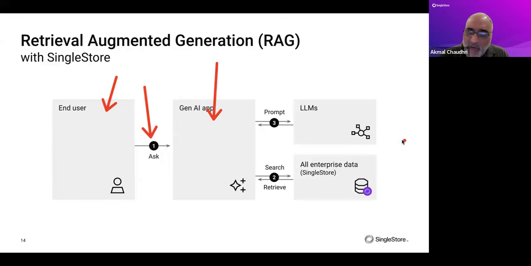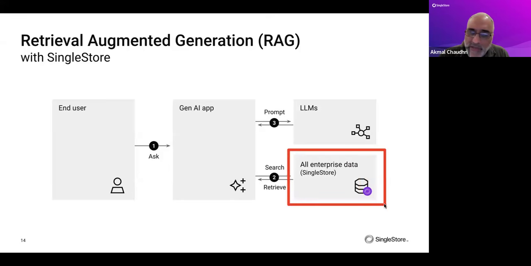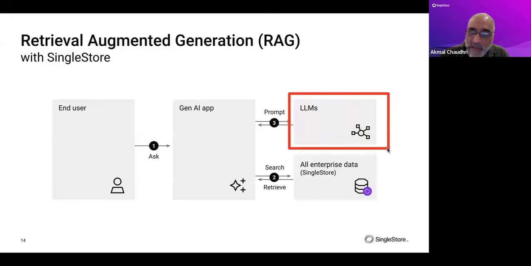This requires us to be able to do this search and retrieval. We create these vector embeddings, okay, and you can do that using SingleStore, and then you augment that with some kind of large language model in terms of the prompt, and we'll see an example of that today as well.